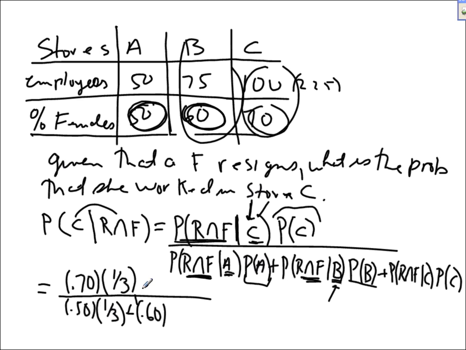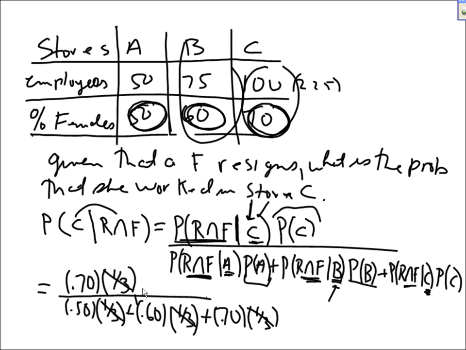The probability of coming from store B is 1/3. Plus, the probability that if you're from store C that you are a resigning female is 70% times 1/3.